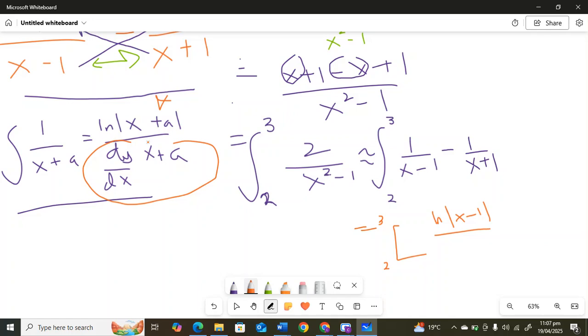So what's the derivative of x minus 1? Have we forgotten how to differentiate? It's 1, yes. Colleagues, are we all comfortable with how this one came about?